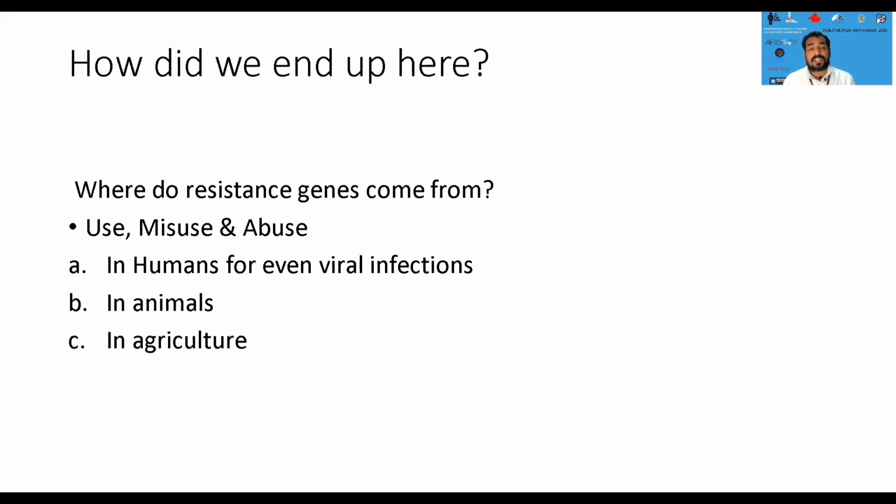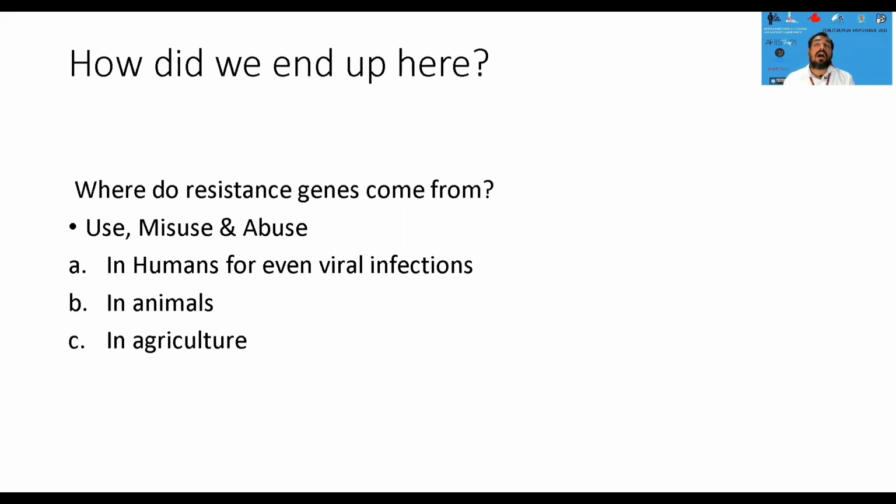But we have to understand that healthcare facility antibiotic use is only the tip of the iceberg. Then there is a lot of antibiotic consumption in animal husbandry. In animal husbandry, we give antibiotics to augment the growth of the animals as well as to prevent infection, more in hope than anything, and they are also used as a food additive.